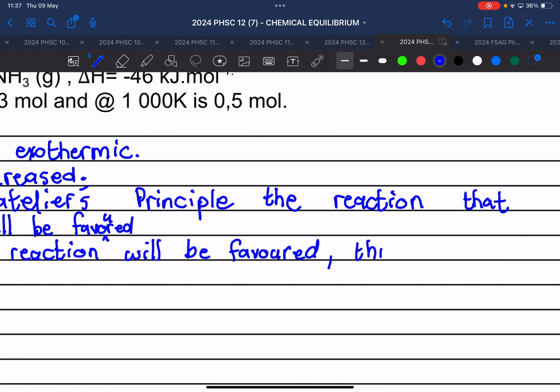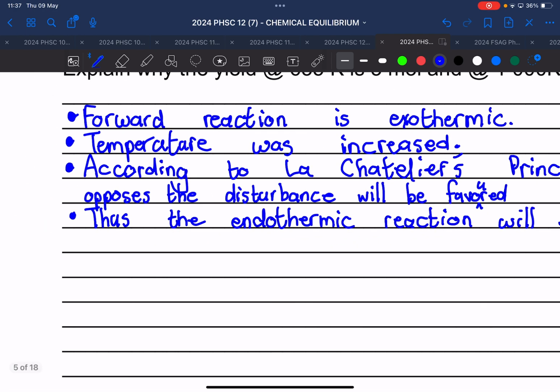This is the reverse reaction or the backwards reaction.